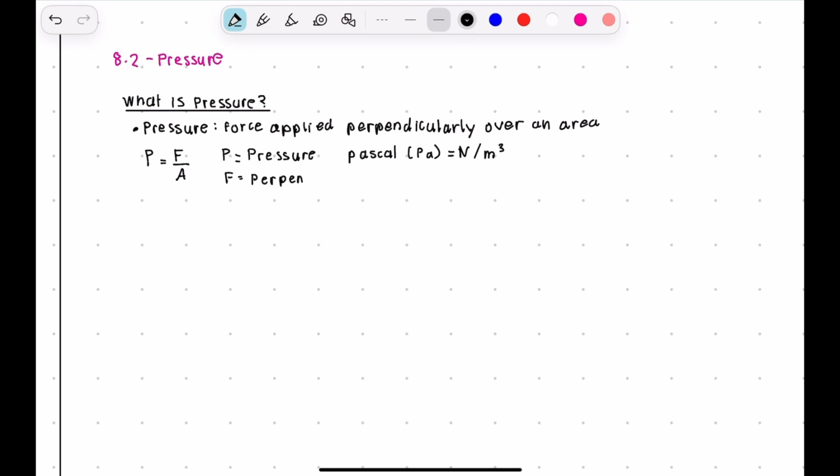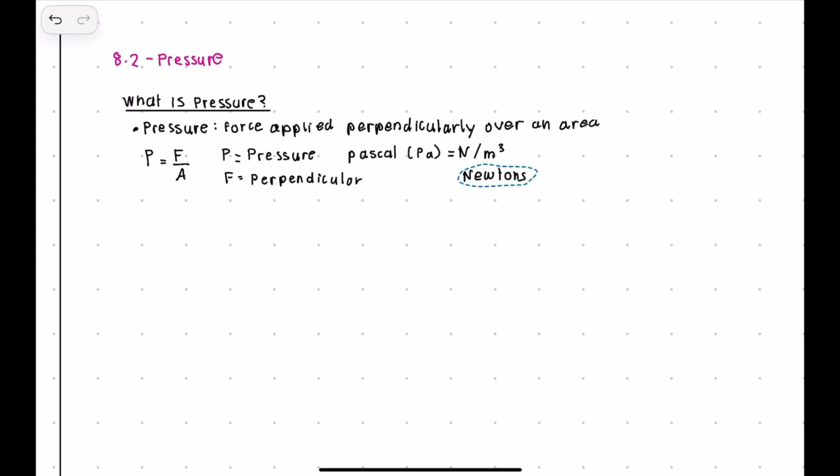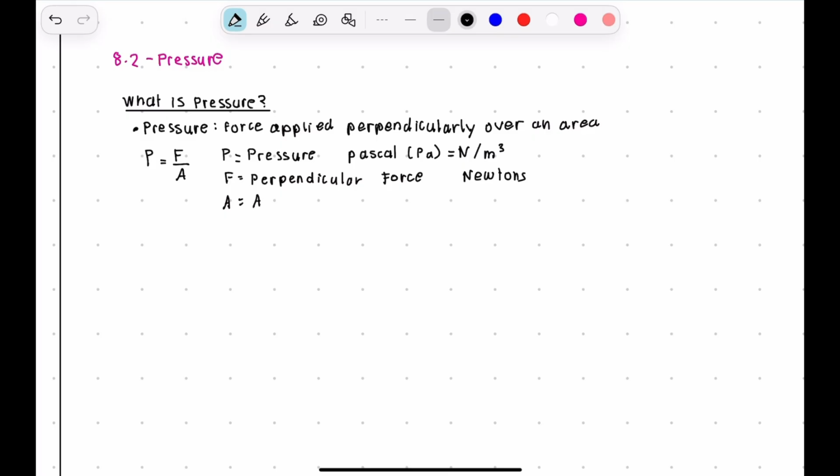F is the perpendicular force, and it's measured in newtons. And finally, A is the area over which the force acts, and it is measured in meters squared.